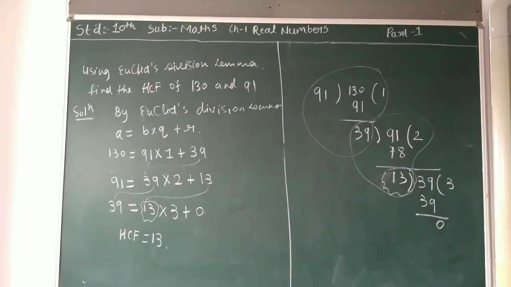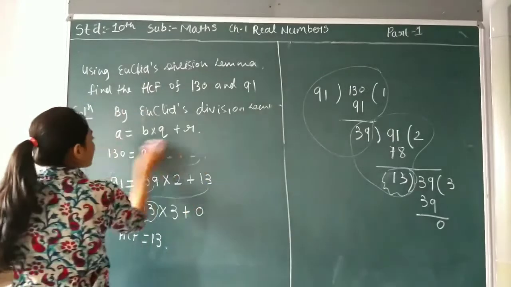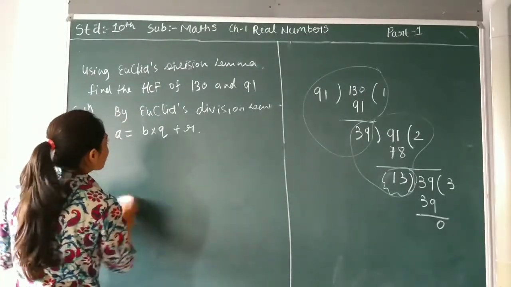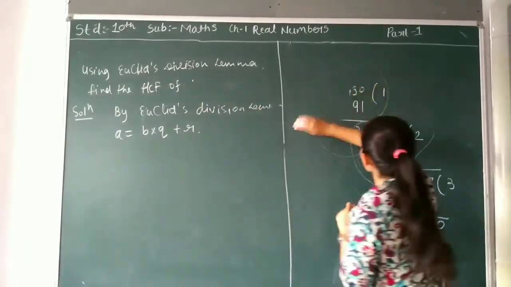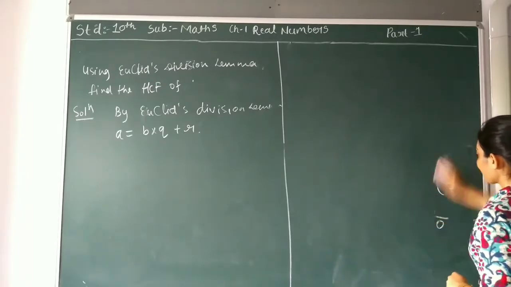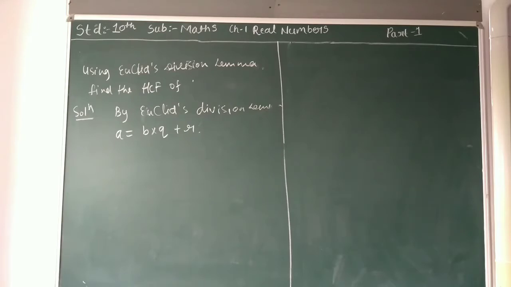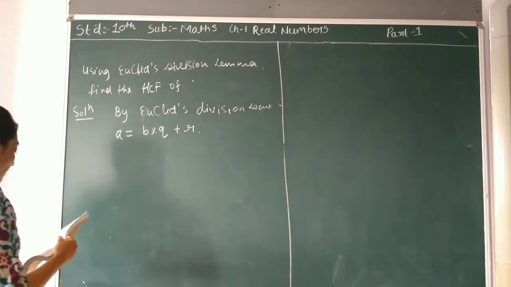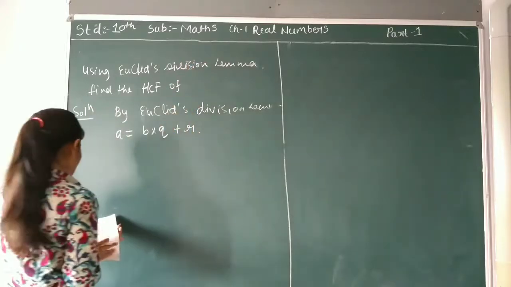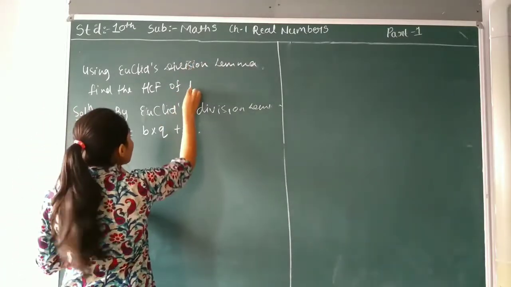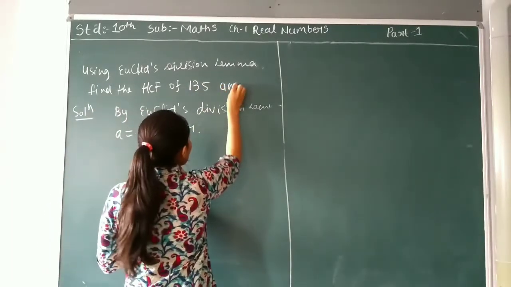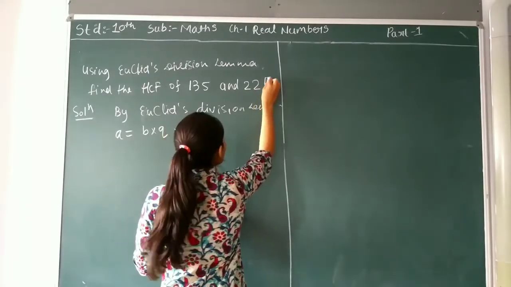Now we take another example, so we'll get a better idea how to solve this question. Say 135 and 225.